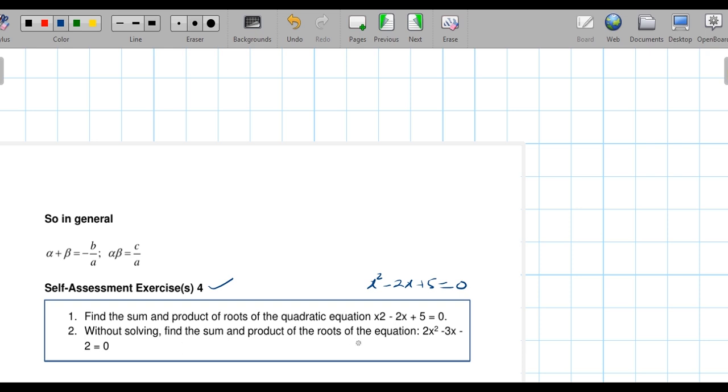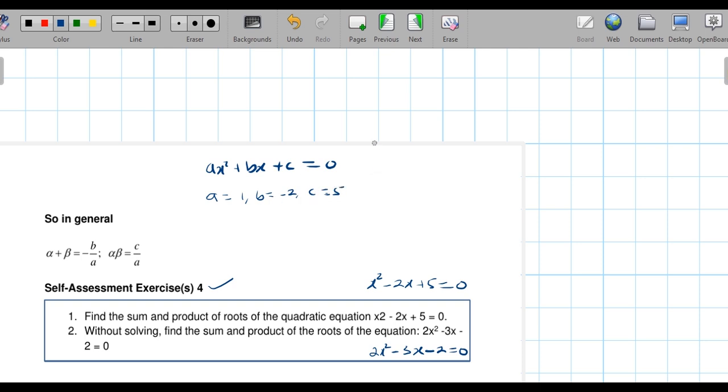We are also to find that of 2x squared minus 3x minus 2 equal to 0. Now remember our general formula: ax squared plus bx plus c is equal to 0. So here, a is equal to 1, b is equal to minus 2, and c is equal to 5.